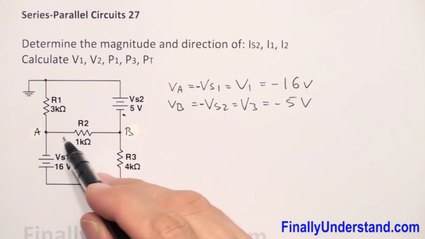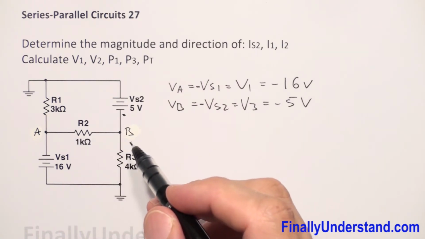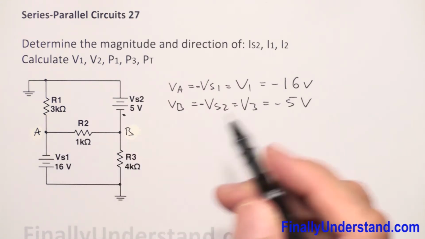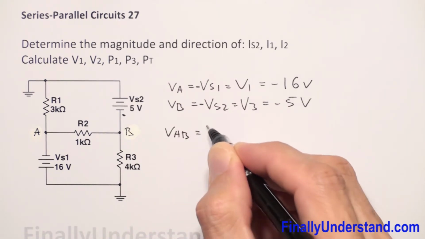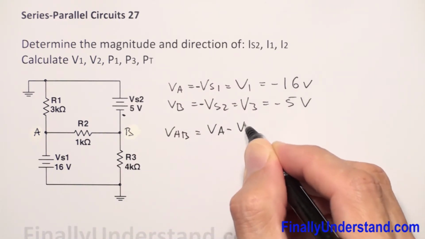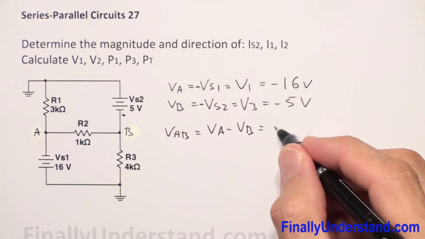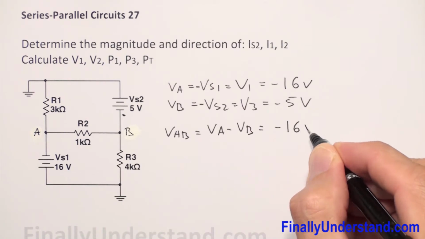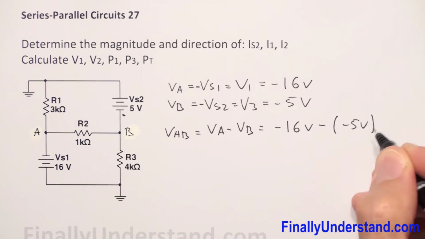Now we can find the current through this resistor by first finding the voltage across it. VAB is equal to VA minus VB, where VA is negative 16 volts minus negative 5 volts.